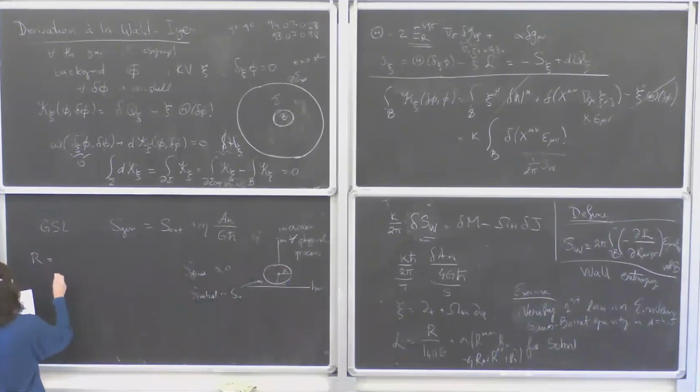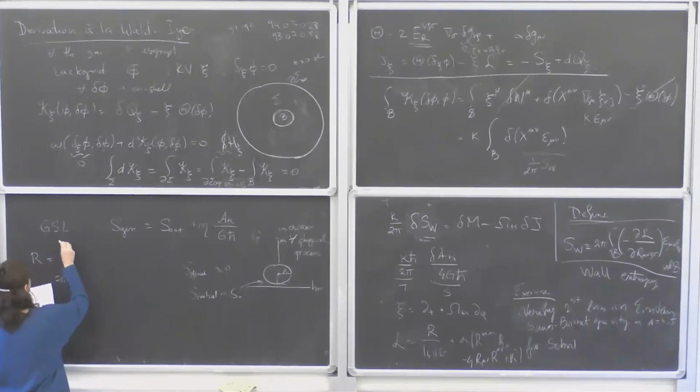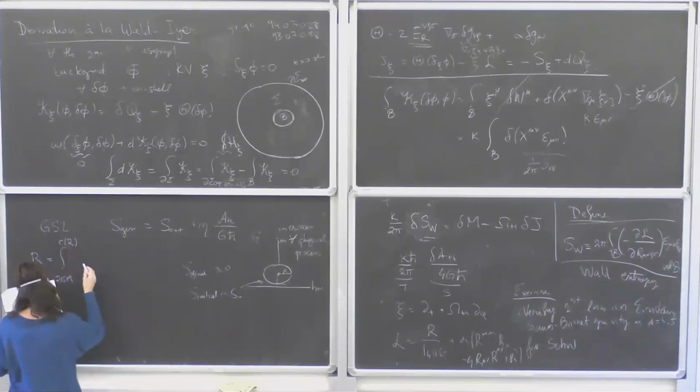So in terms of the Schwarzschild r, it is given as an integral from the horizon to r of r, which we're trying to determine, of dr over the square root of 1 minus 2GM over r.